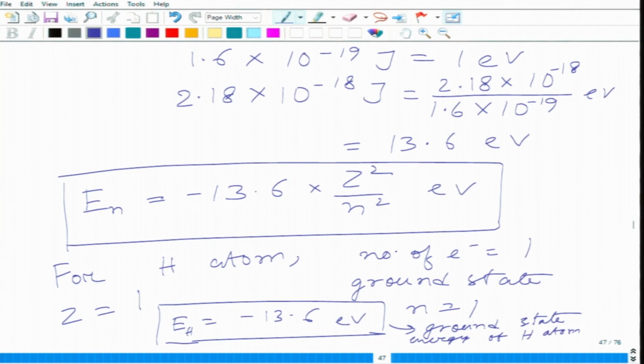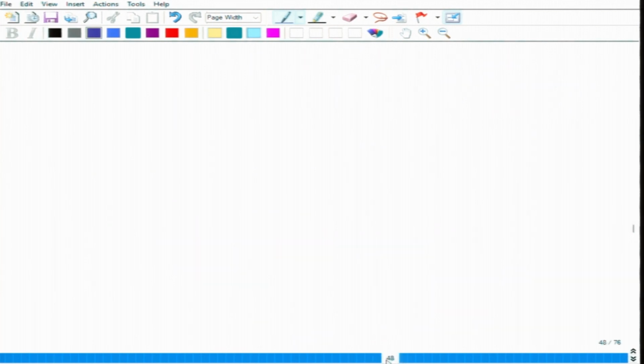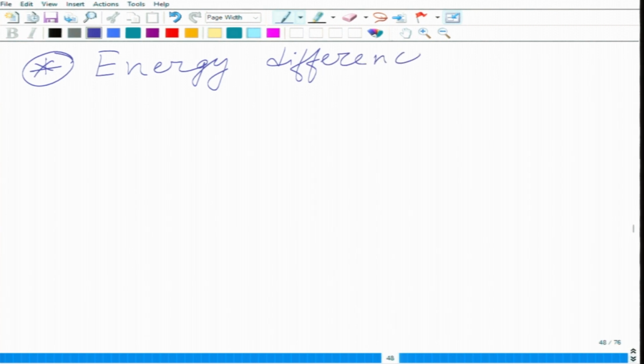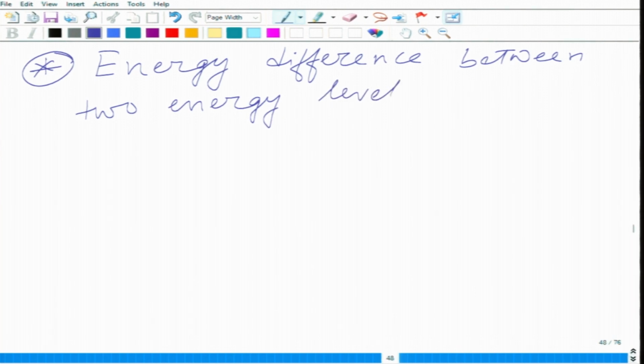Okay. Now, we have calculated the absolute term for energy. Now, how will we calculate the energy difference between two energy levels?